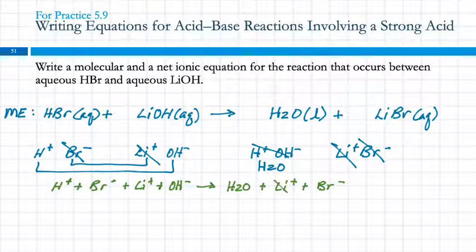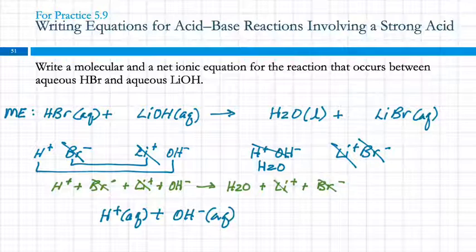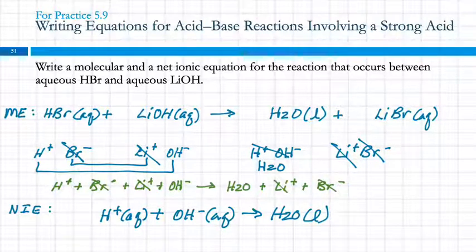And then I see that the lithiums don't change and the bromides don't change. So then my net ionic equation is H plus aqueous plus hydroxide aqueous to form H2O liquid. Any questions?